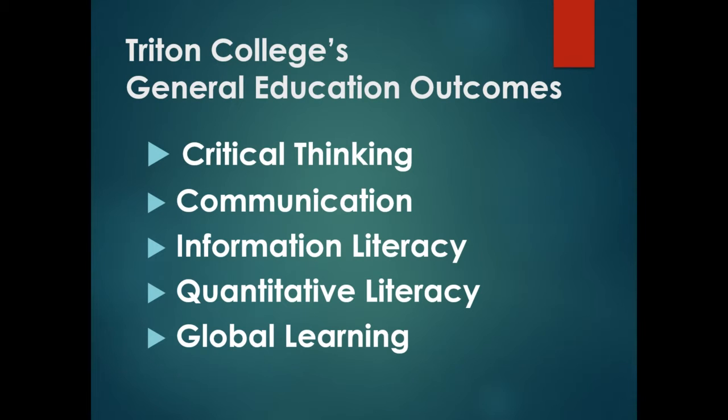So we're going to talk about the gen ed assessment that we did in the spring of 2020 of critical thinking and how we teach critical thinking at the college. We're going to talk about the things that we did well, the things where we need to improve, and we're going to give you concrete strategies so we can disseminate and improve as a college.